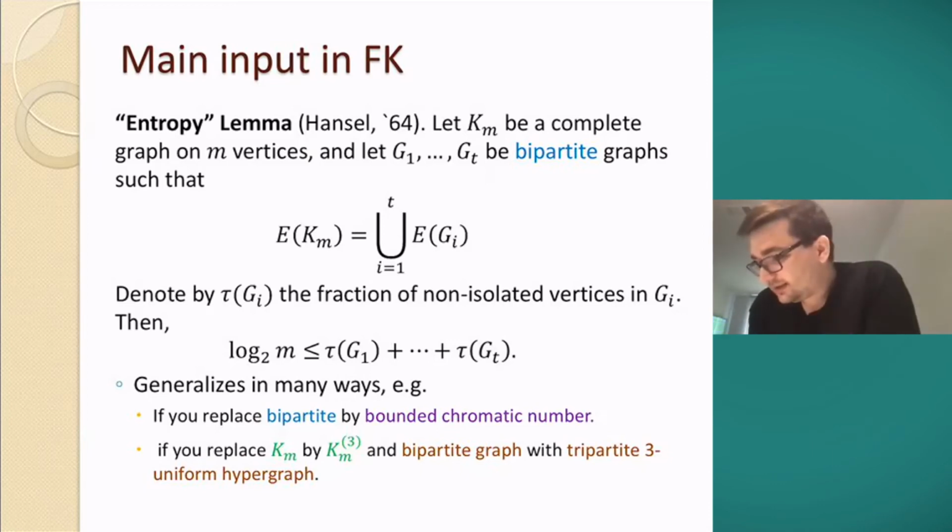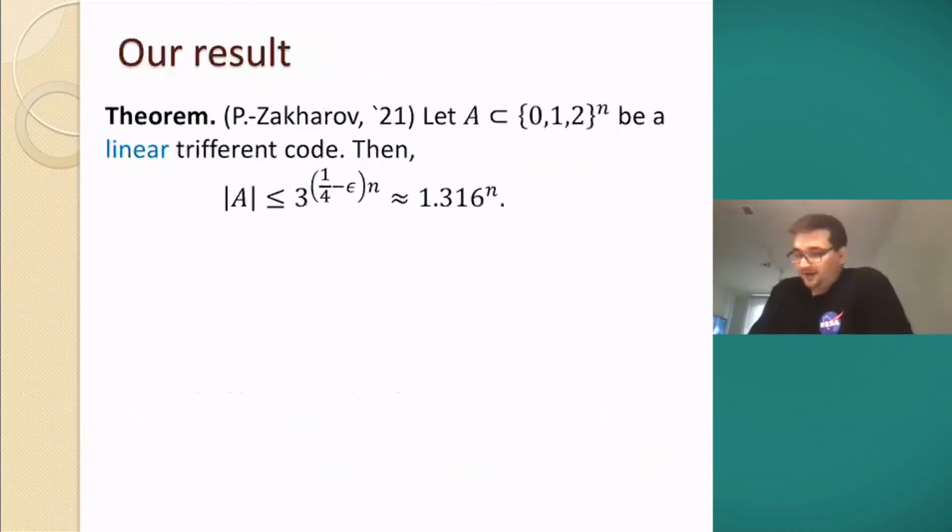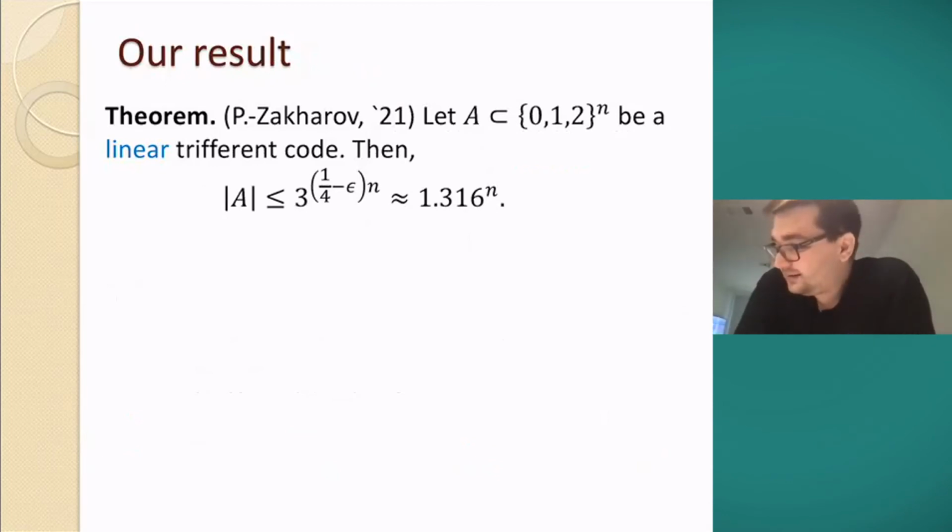So yeah, this is what we are intrigued about, and we wanted to say something to beat this 1.5 again. We couldn't, but we could do it for linear Trifference codes, for which, despite the additional very strong structure, it still wasn't clear how to beat this 1.5 to the n.